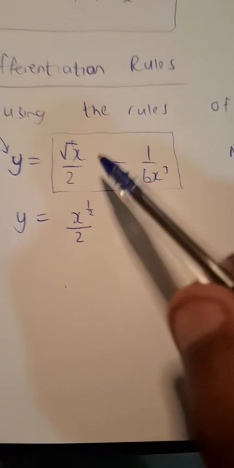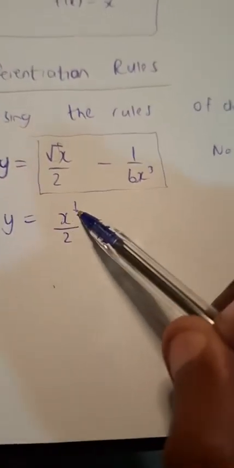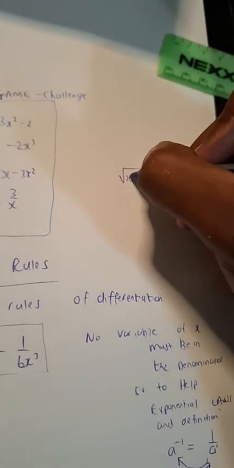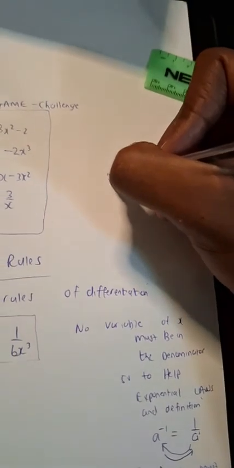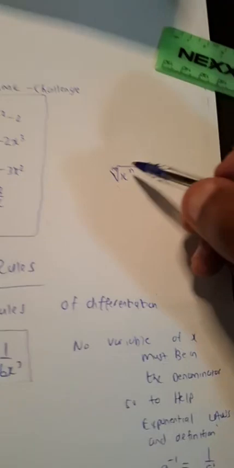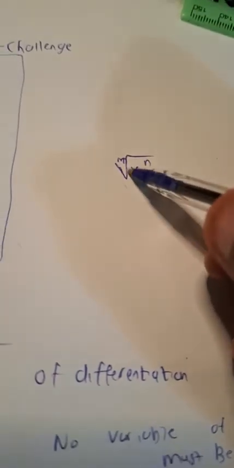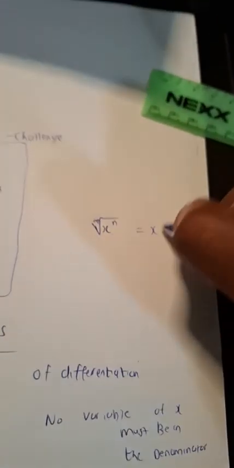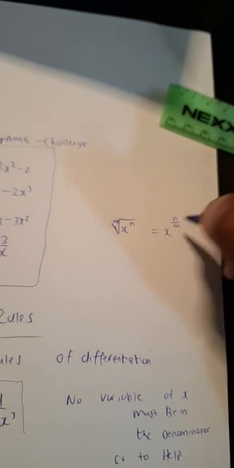This square root of x can be written as x to the power half. And I want to remind you, from the laws of exponents, that if this was the mth root of x to the power n, then to remove that root, I write that as x to the power n over m. Do you still remember that?